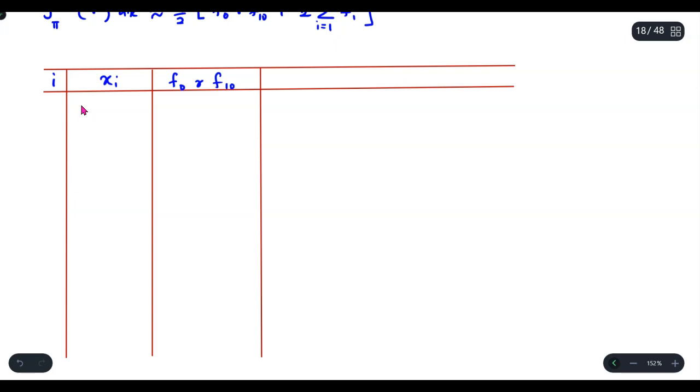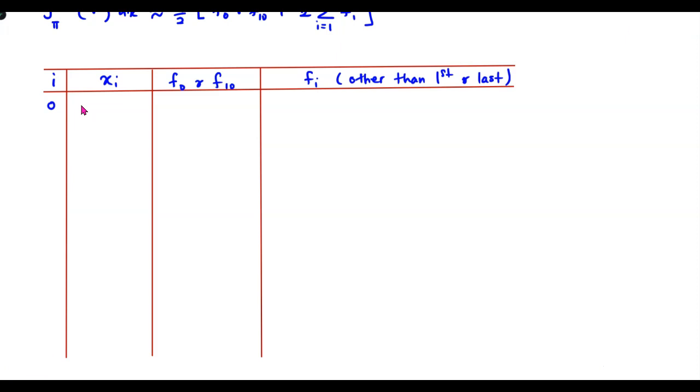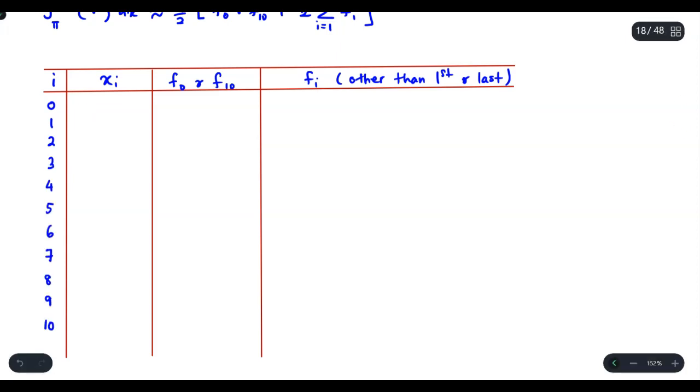The last column would be fi, for the remaining f other than the first and last, other than f0 and f10. Your i starts from 0 up to n, so 0 up to 10. So 0, 1, 2. Your i must stop at your n.